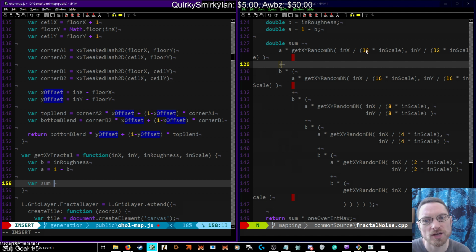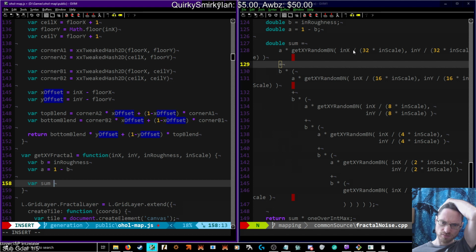Oh, so actually, no, this is divided by, so this is going to be the little bits. This is some of the sub-precision. So divided by scale. So this is going to be the biggest blend.